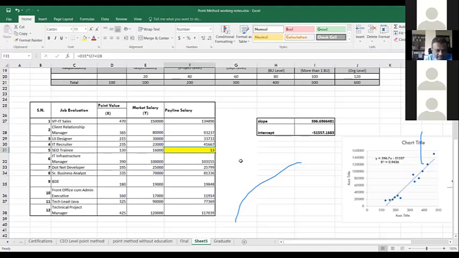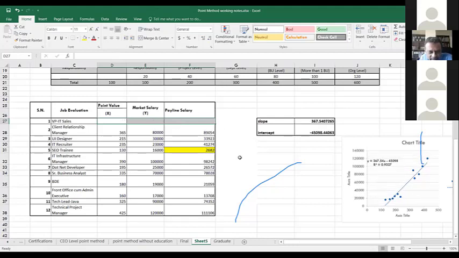Sometimes, when you have very low or very high point positions, we need to remove them completely from the pay line calculation and call them pay line exempt positions. Being a trainee level position with points being just 130, I think it's better to remove this from the pay line. In fact, for the front office executive also, the recommended salary compared to the market is very low, it's 13,000.